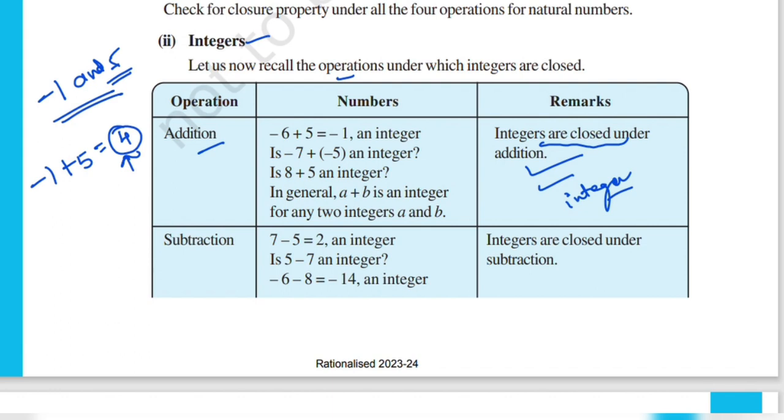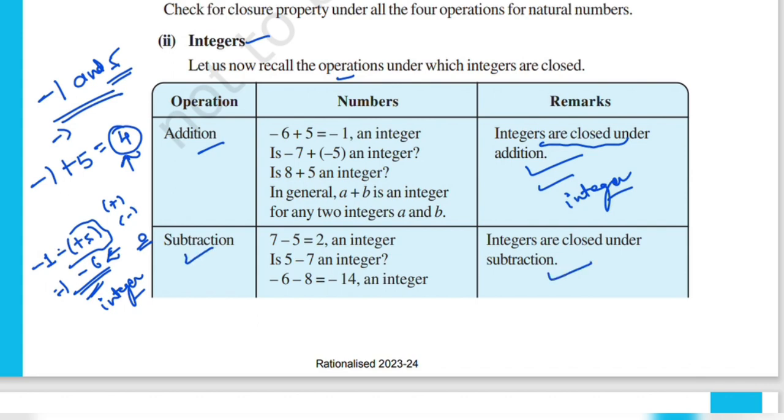Let's do subtraction on these same numbers. -1 minus 5, after solving, you will get -6. So is -6 an integer? Yes, of course it is an integer, because all the numbers that are positive as well as negative as well as 0 are integers. So yes, integers are closed under subtraction as well.